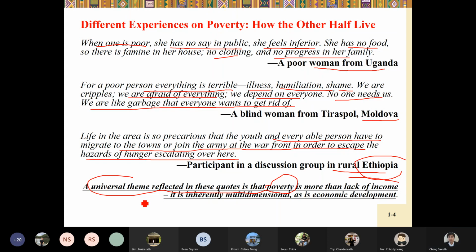It's also about having no food, no clothes, poor health, being disrespected, being insecure, being hungry and disregarded. So poverty is not only about income. It could be poor in many ways: poor health, poor education, or being poorly respected by other people in the community. That's the starting point. Poverty should be seen in terms of multiple dimensions.